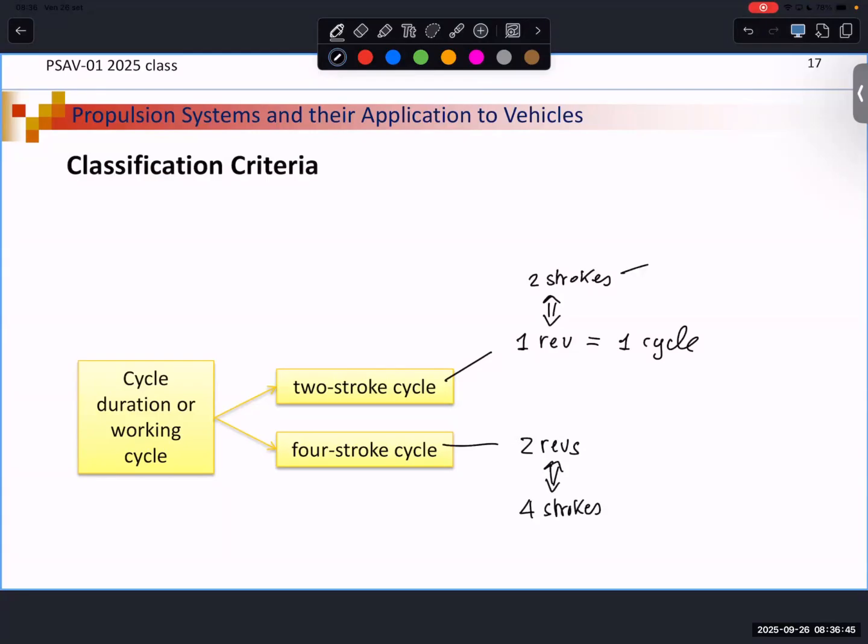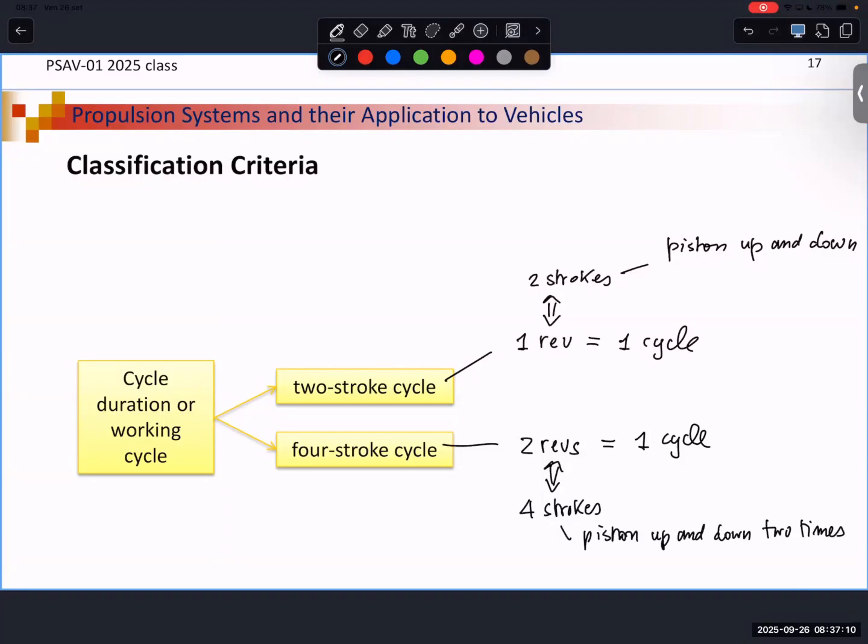So here we can say piston up and down, and here we can say piston up and down two times. Two revolutions correspond to one cycle.